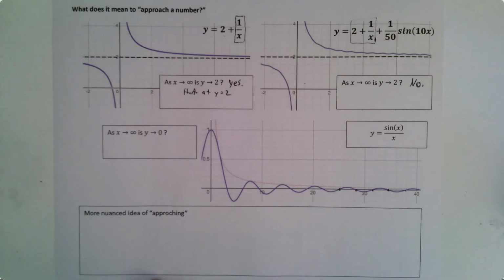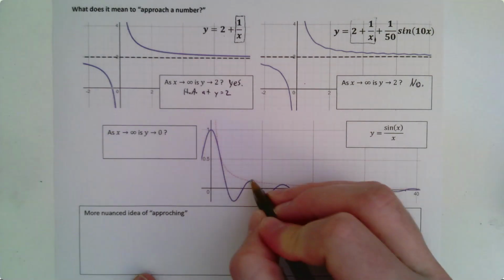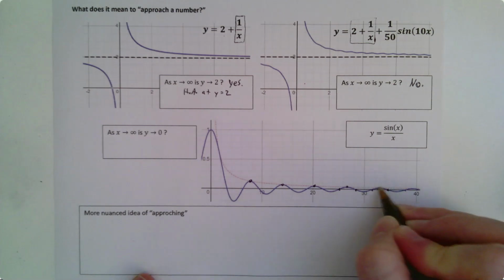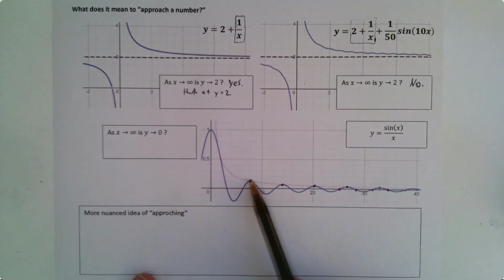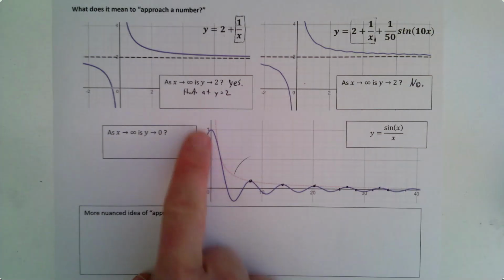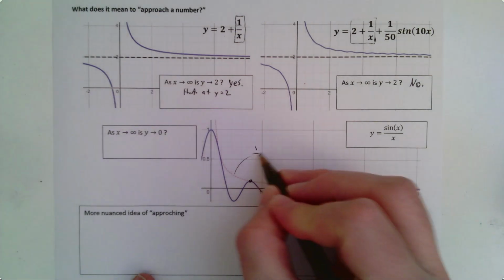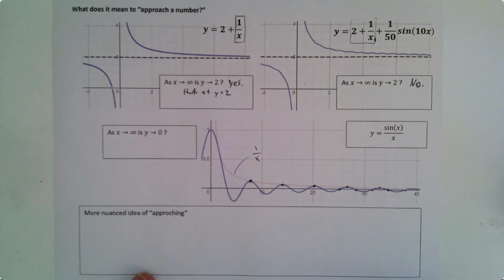So let me say what a mathematician might give you as a counter-argument. They might say, well, look, let's take a look at the peaks of each of these waves. So let's look at the highest point that sine ever reaches. This dashed line actually moves, all the peaks lie on this dashed line. And this dashed line is actually the function y equals 1 over x.